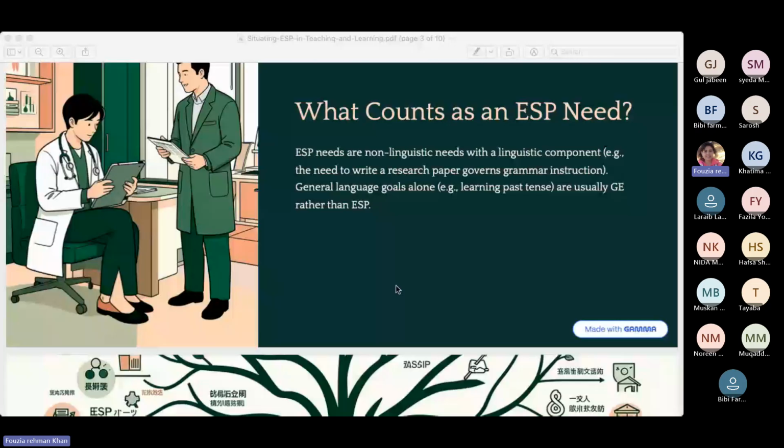Reflect on this, and also on academic needs, occupational needs, and the difference between skill and genre. For that, you can use a number of sources, AI for sure, but I would like you to read this chapter on your own.